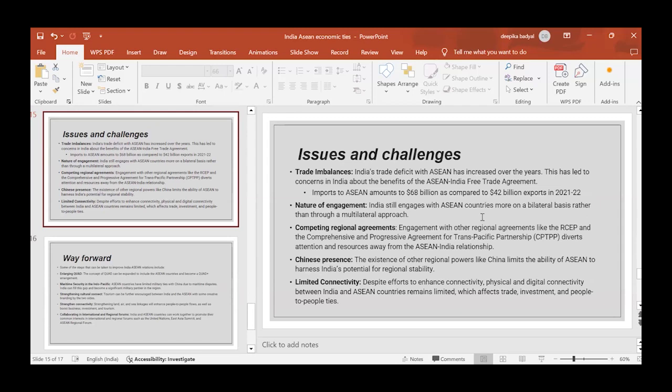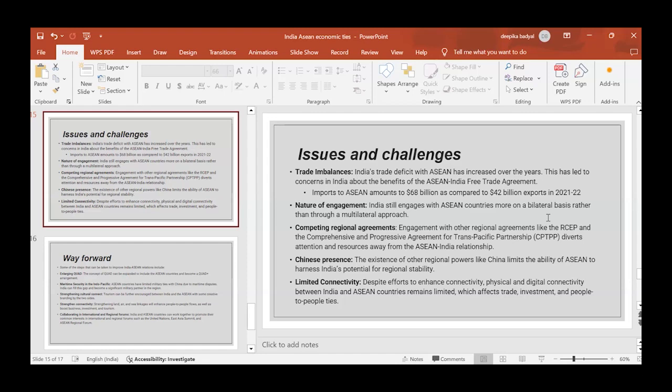Now, obviously, if there are opportunities, there are going to be issues and challenges. There is a list of challenges which India and ASEAN can face. India's trade deficit with ASEAN has increased over the years. This has led to concerns in India about the benefits of the ASEAN-India FTA. India still engages with the ASEAN countries more on a bilateral basis, rather than through a multilateral approach.